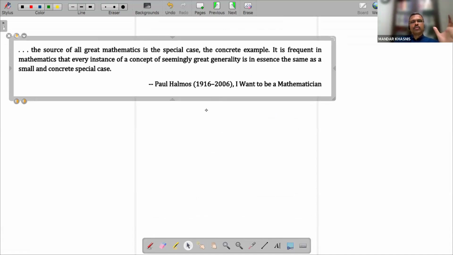Keep working with more examples. A concrete theorem appears when you try to work out several examples. So working out examples is extremely important.